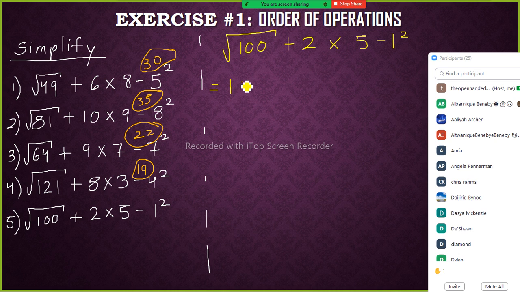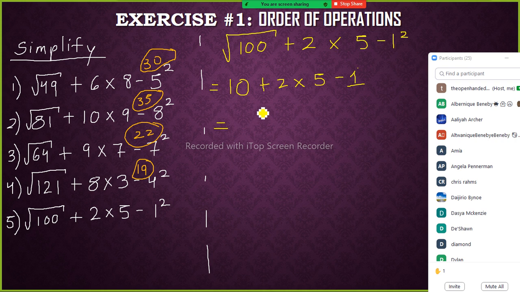Thank you to the person who said 10. Plus 2 times 5, which we put down here. 2 times 5 minus 1 squared. Oh, 1 squared is 1.